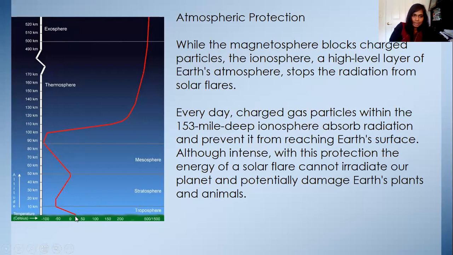When you go high in the sky, we feel like it's getting colder. Yes, that is true up to 10 kilometers, but after that the temperature increases. Then again it decreases, and after that it increases again. So the temperature varies with altitude.